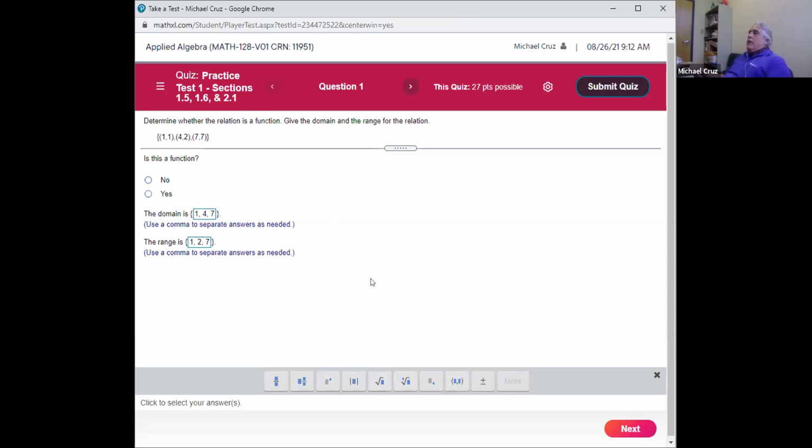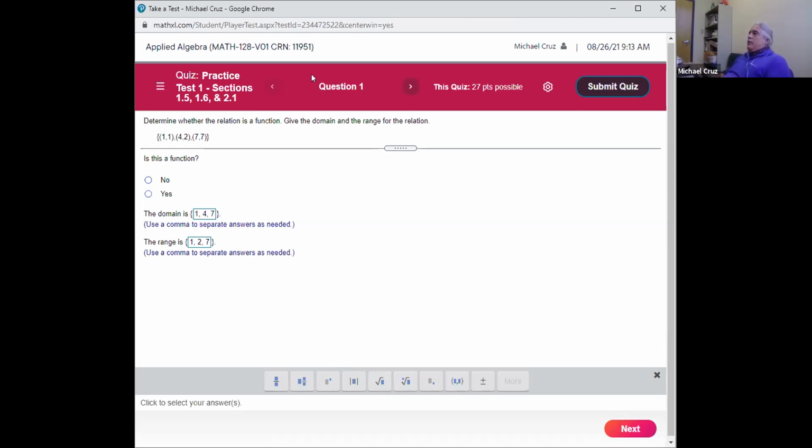Now, for it to be a function, you can't have anything in the X repeat. Or another way to look at it, if you have an equation that's solved for Y, you're going to have only one Y come from each X. If it comes to two different Y values, then the rule is broken.